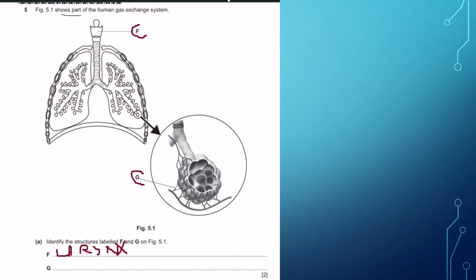And this one here, G, actually confused quite a few students because they started talking about the alveoli, but we're actually pointing at the capillary here. If you look at your book, this is actually the same as figures 11.3 and 11.5. So again, these are some pretty good figures to look at.